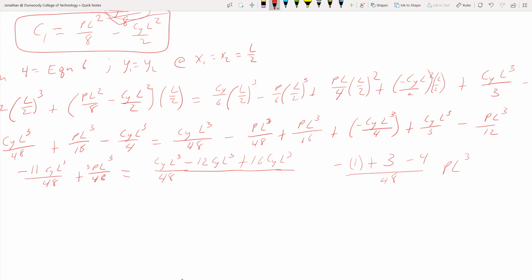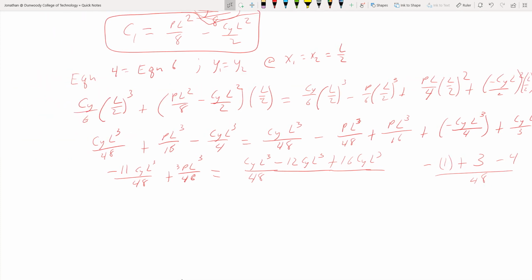Alright, so what do I get there? Let's simplify these down. So this is 1, negative 11 plus 5 48ths CYL cubed. So it's negative 11 48ths CYL cubed. On the other side, so my 3PL cubed over 48.